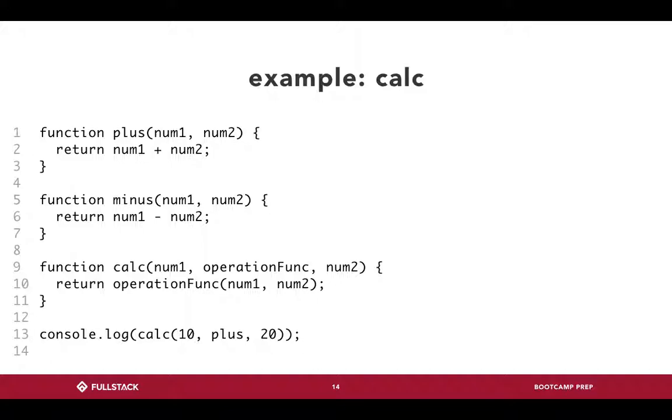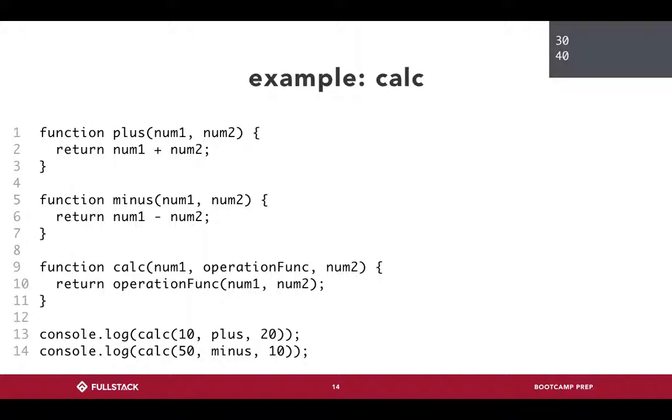So we can return 30, which means the result of calling calc was 30. And now we go to console.log and log 30 on the screen. And in this one, it's readable though, 40. So do we see here that while this is kind of complex at first, this is really readable down here. We can end up doing really cool stuff with this type of style.